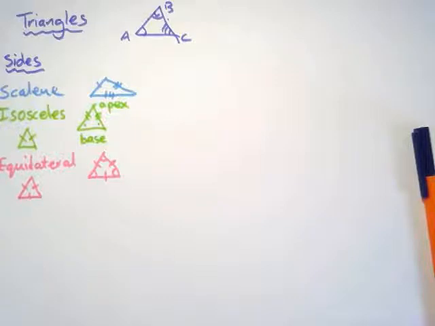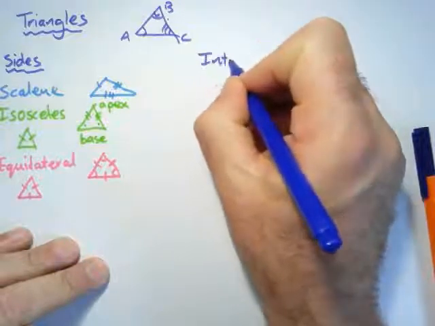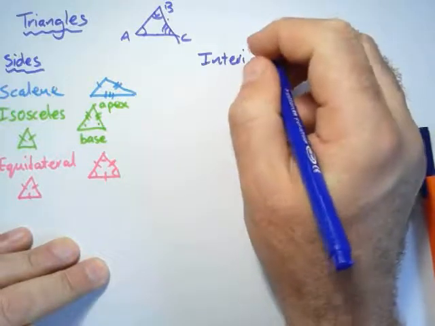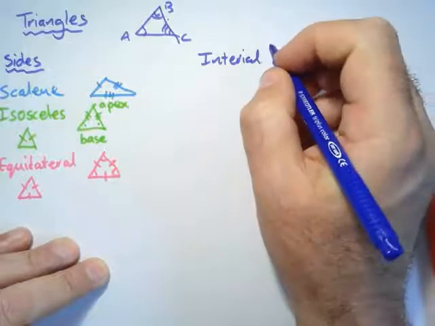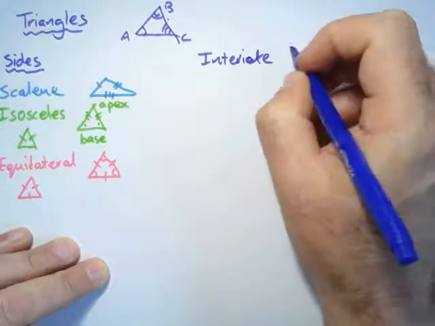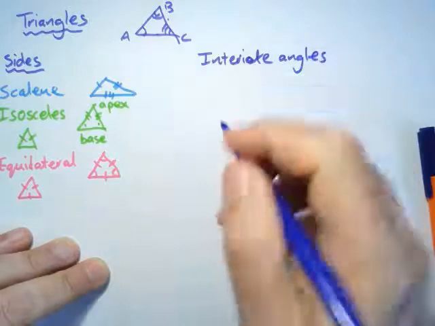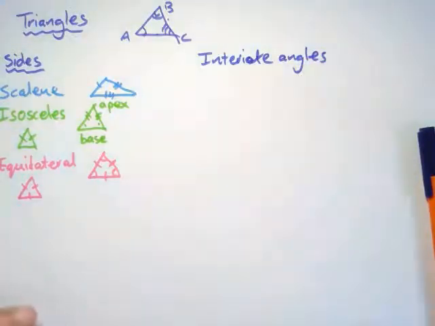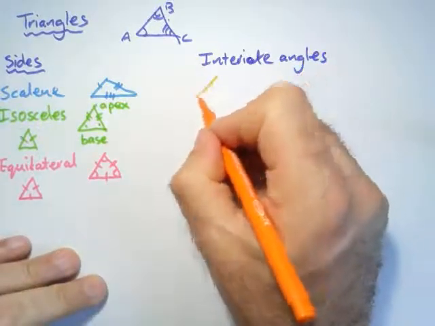We can also classify them according to their interior angles. If we class them according to the interior angles, then we have, first of all, where all angles are acute.